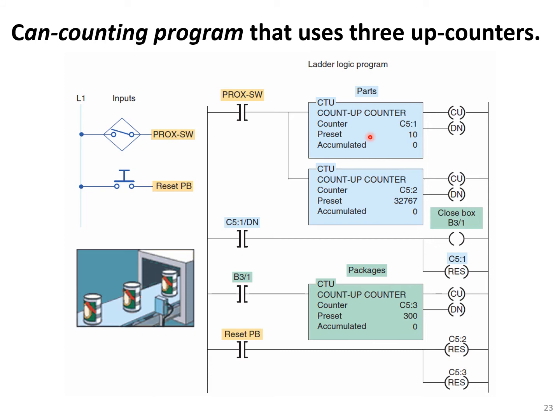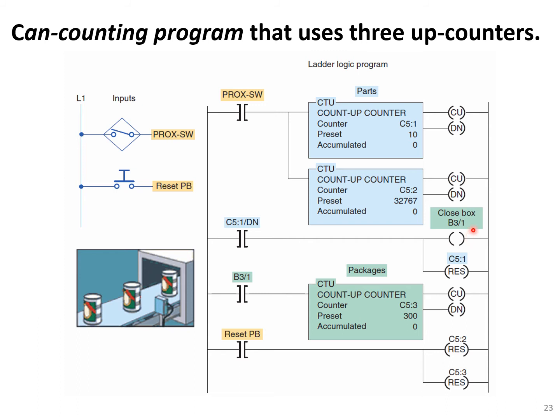Once the first counter is done, the down bit of the first counter becomes true. Look at the address of the counter: we have C51 here, and we are using the same C51 here. Once the down bit becomes true, the coil here, or the motor that should close the box, will close the box. So we have 10 cans in one box.